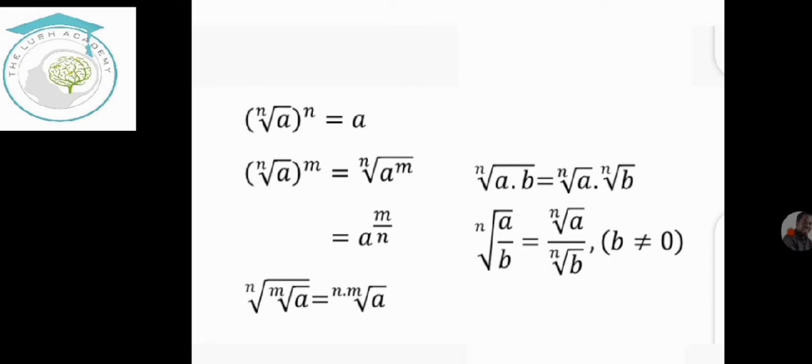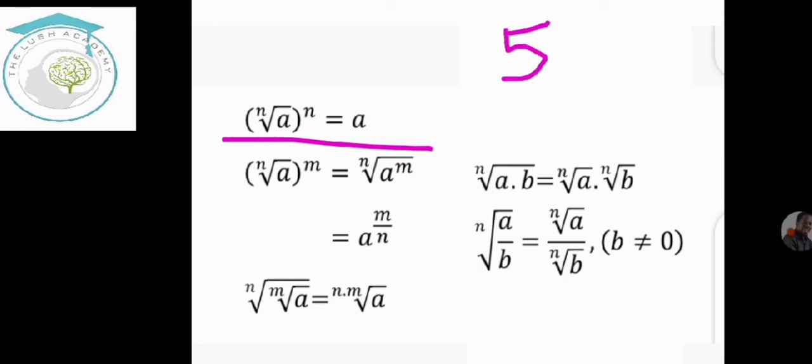Now the square root, this is where we are. The nth root of a. Listen, the nth root of a to the power of n is equal to a. Without waiting to go for our exercise, I'll prove this to you now. Let's do this.